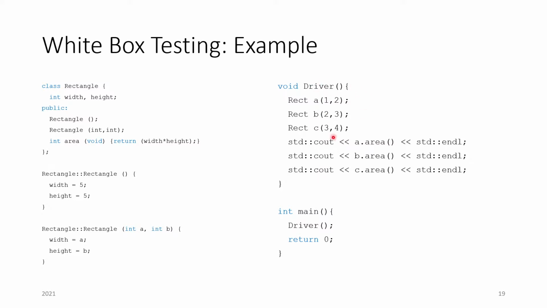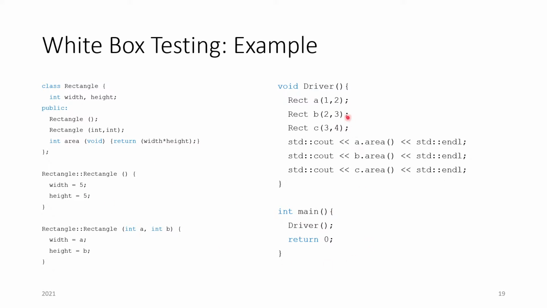Inside the driver function, I want you to write different instances of testing the rectangle's functionalities to see what actually happens if we keep on doing this. With this single call to the driver function, all we need to do for any white box test is keep adding or removing instructions in the driver function. We don't need to modify any other part of the code.